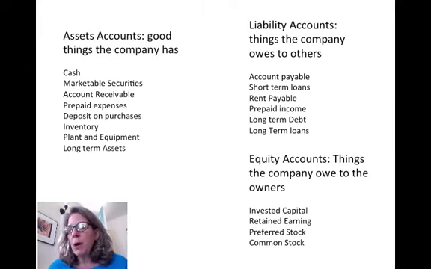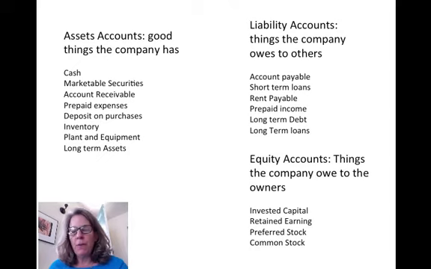Liabilities are things that we owe to others, generally banks, but it could also be private lenders, or it can be vendors that we owe money to. Like accounts payable would be a vendor account. And then you can see that there's also some other accounts there. Equity accounts, we have generally just a few of them: invested capital, retained earnings, preferred stock, common stock. Also on that particular balance sheet we called it owner's equity, but this is a general account.